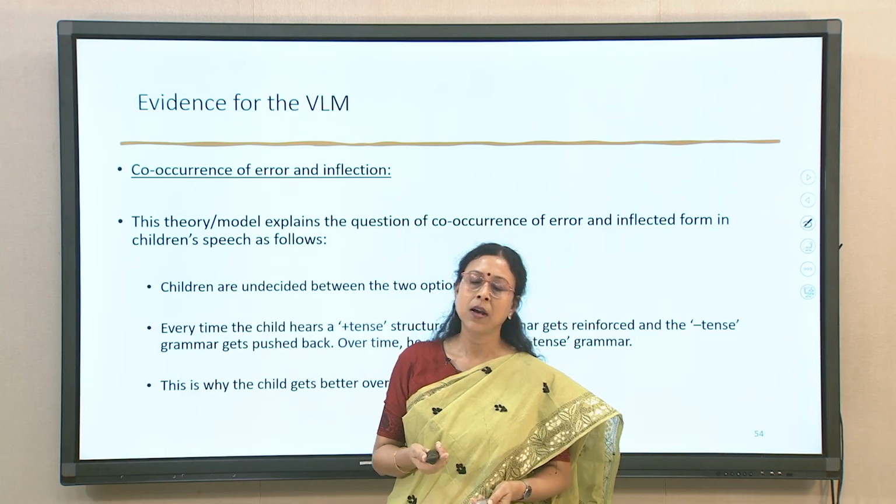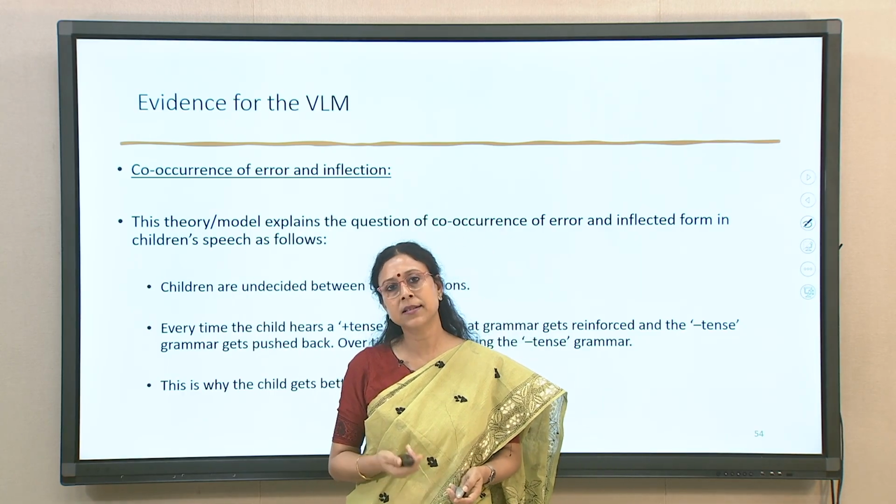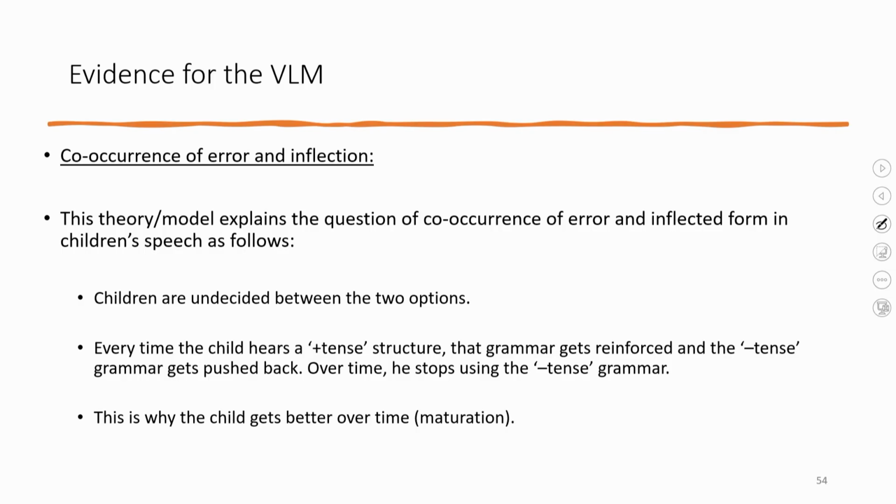Let us say the plus tense marking and minus tense marking are the on and off conditions of the tense marking parameter. If the child switches on the plus tense marking and then continuously hears plus tense marked sentences, then that format gets rewarded, because this is fitting the analysis of the parameter that has been set.